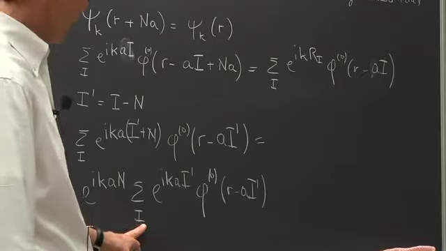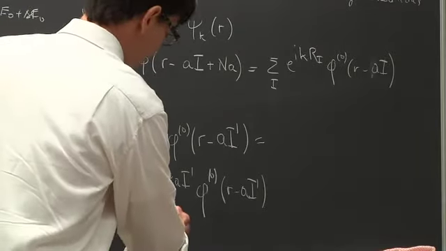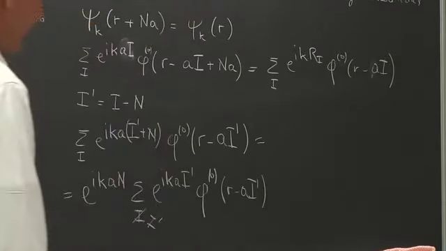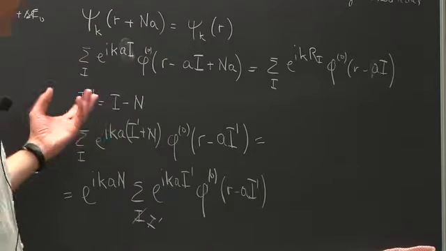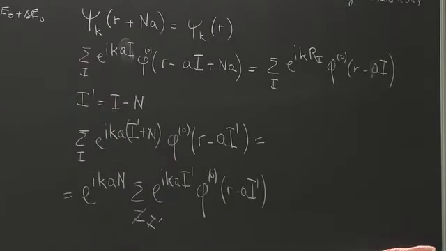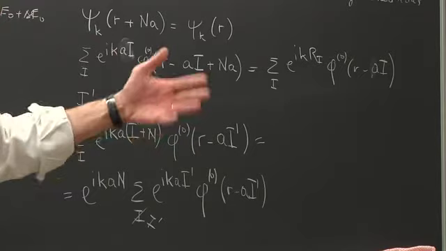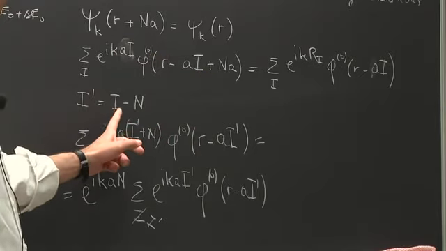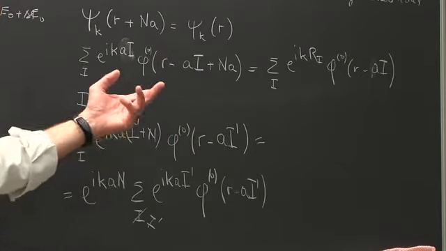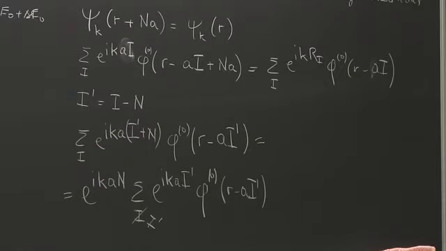Right? So here I can say, well, I can sum also over i prime. The two indices will anyway go from minus infinity to plus infinity, so there's no difference. If I sum over i or over i prime, I'm going to cover all possible integers. I'm just changing the origin of my index.